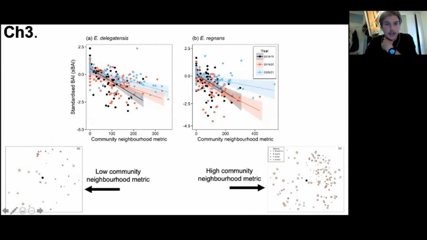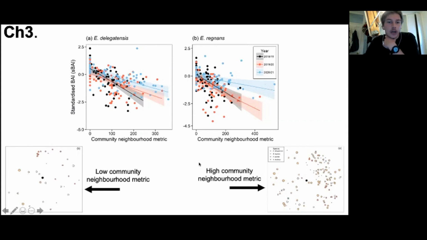So black is 2018-2019, red is 2019 and 2020, or that growing season, and the blue is 2020 and 21. And you can see that the strength of this relationship really varied substantially between the years. So being strongest for both eucalypts in that first year, represented here by the black line, and weakest in the 2020-21 summer, represented here by the blue line.